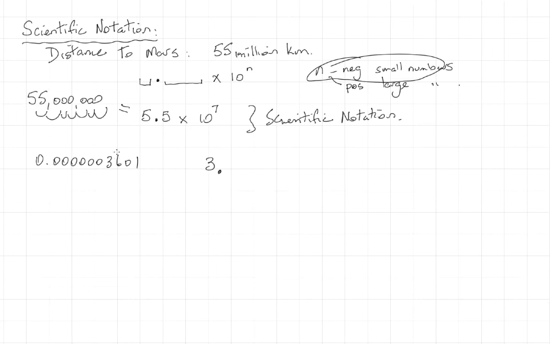So we've got 3 point. Now we write the other digits. And it'll be times 10 to some power. Now it's going to be negative because this is a number that's less than 1, quite small. So how many places have we got to move the decimal place? 1, 2, 3, 4, 5, 6. Well, there we go. It's another 7. So 10 to the minus 7. That's purely coincidental. Very, very small number. So those two numbers are exactly the same. This is quite a large number.